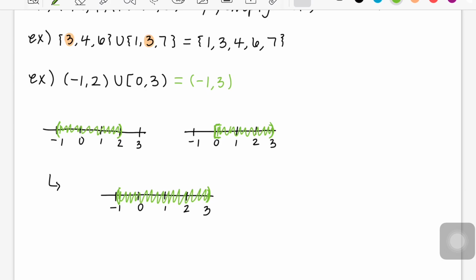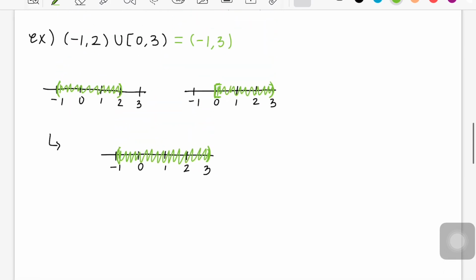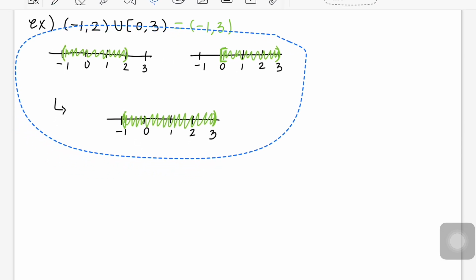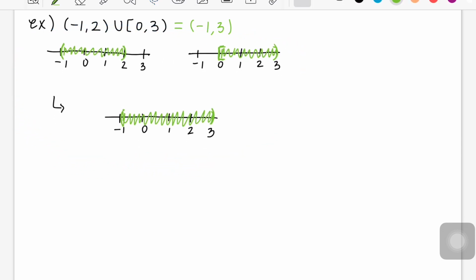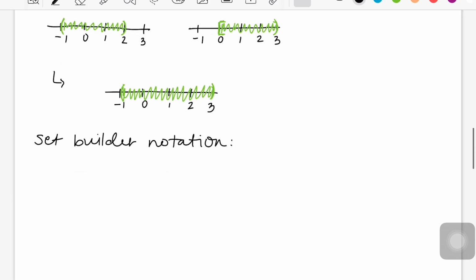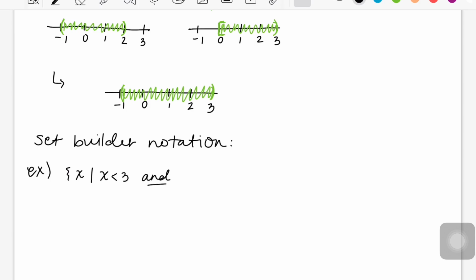All right. Now, the last thing we will talk about, move this up a little bit, is set builder notation. So an example of this is the following. And this is what's called set builder notation.